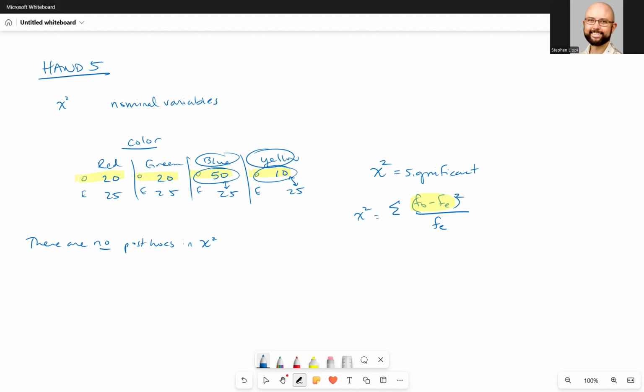Someone had asked about the difference between goodness of fit and test for independence. So again, a goodness of fit test is going to look at one nominal variable that has 2 or more levels, so 2 plus levels. And then your test for independence is where we have 2 nominal variables. We can create a contingency table here.